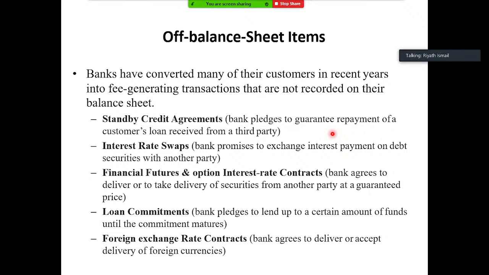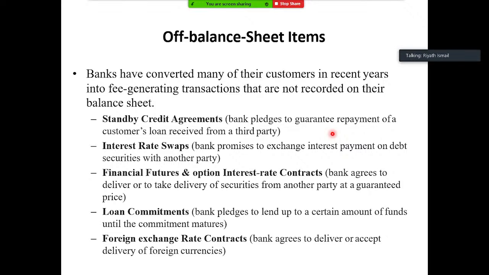In other words, Mr. X wants to get a loan from XYZ company. At that time the bank gives a guarantee about Mr. X.